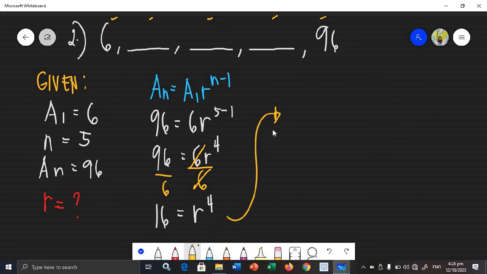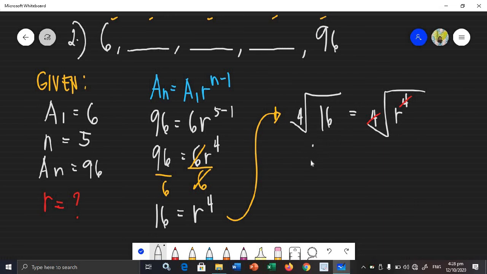Then, I'm going to continue the solution here. Ngayon, para mawala itong exponent, we will be getting the 4th root of both sides of the equation. Okay? Para mawala itong exponent na 4. Now that we get that, makakancel na yan. Ano ngayon yung 4th root ni 16? 4th root ni 16.